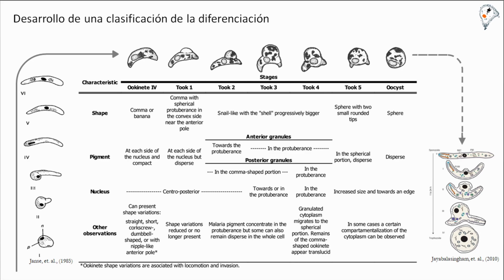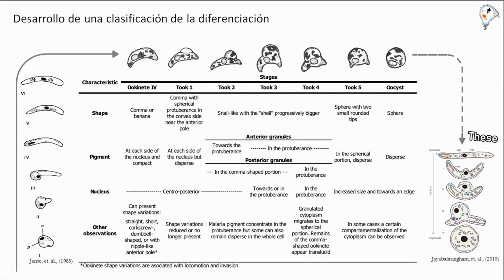And then this is what I described recently, the differentiation from ookinete to an oocyst. And remarkably, this differentiation process is quite similar to the differentiation process that happens in the liver.